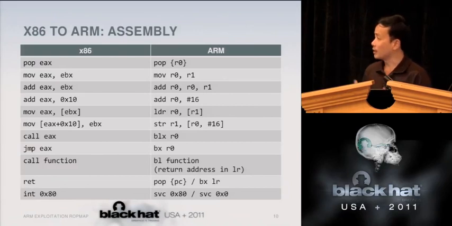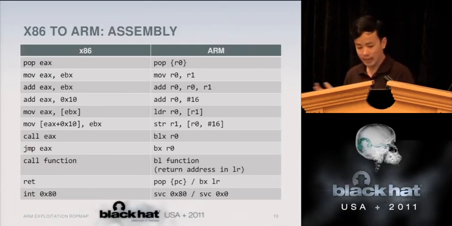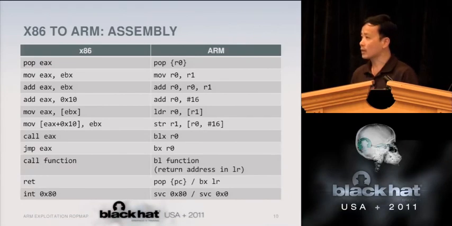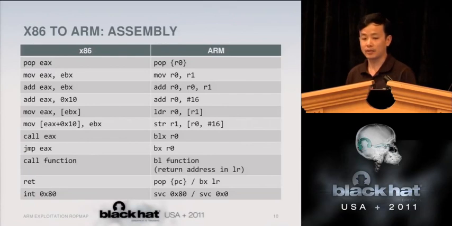The first one is loading values from the stack. We have the pop instruction in both architectures, and ARM also supports popping many registers in one instruction, like pop R2, R7, and even PC in just one instruction.